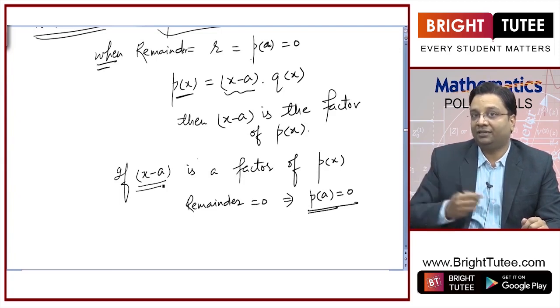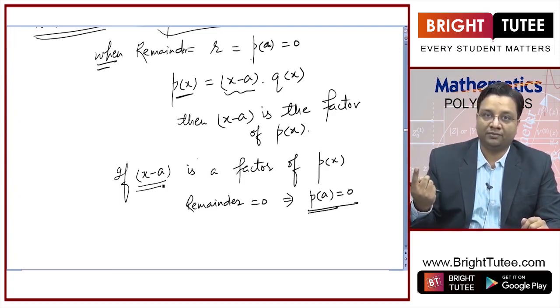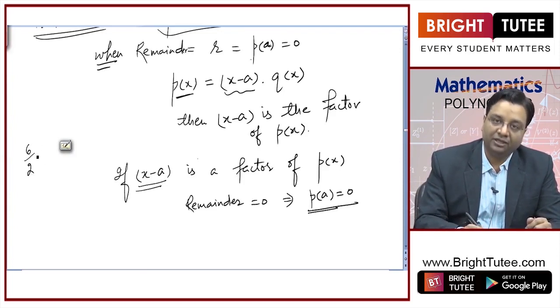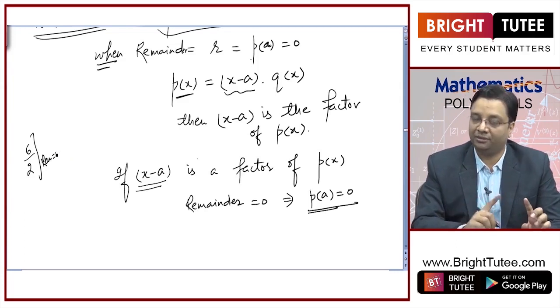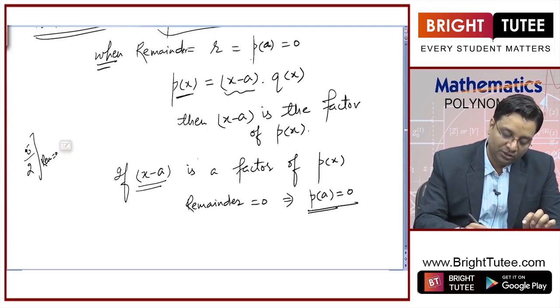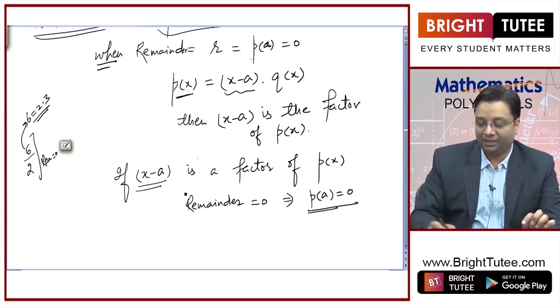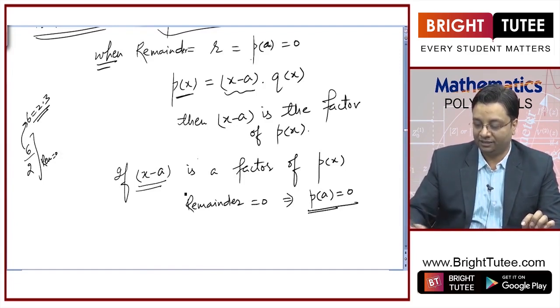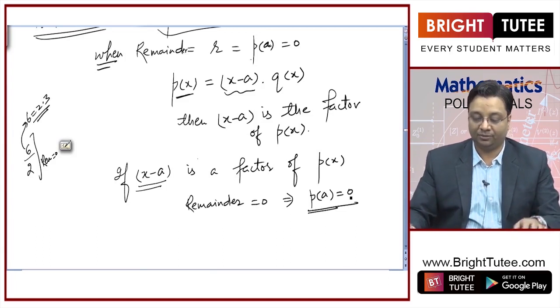If it is a factor, it will completely divide the polynomial, right? It is the same as asking, if you divide 6 by 2, what will be the remainder? It will completely divide it, so the remainder will be 0. 3 will be the quotient, and the remainder is 0. Why? Because 2 is a factor of 6. Similarly, if x minus a is a factor of P of x, it will completely divide the polynomial P of x, hence the remainder or P of a is 0.